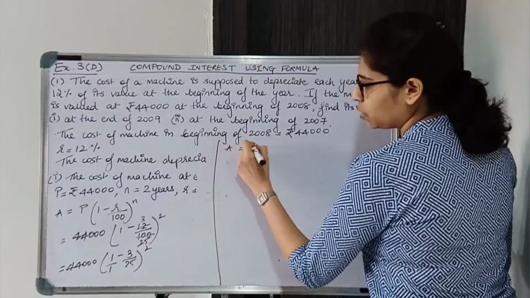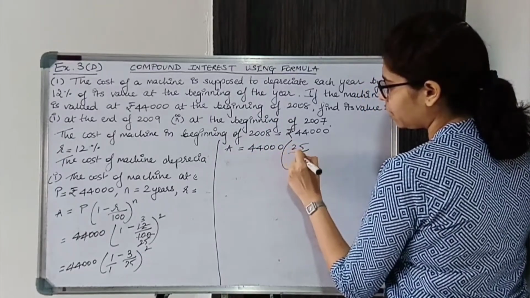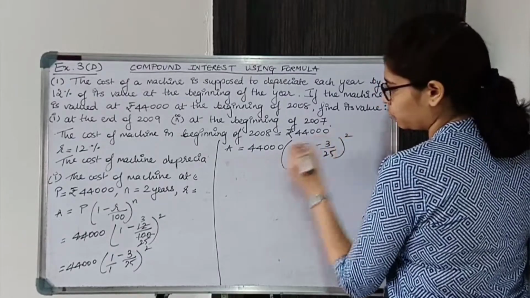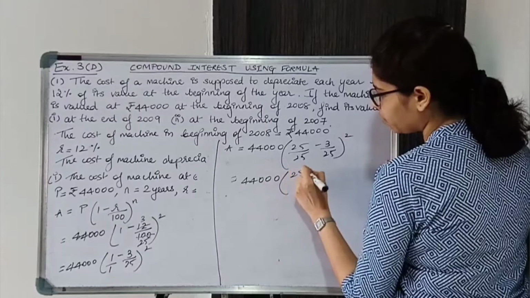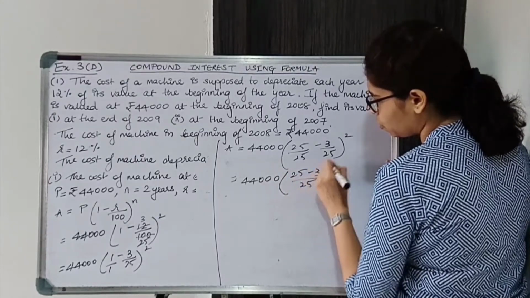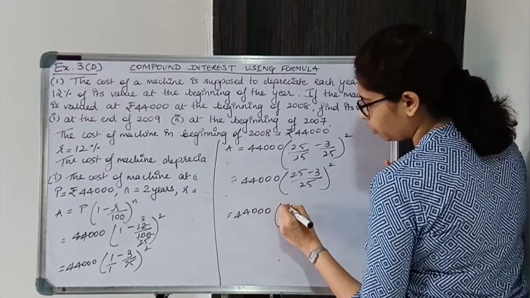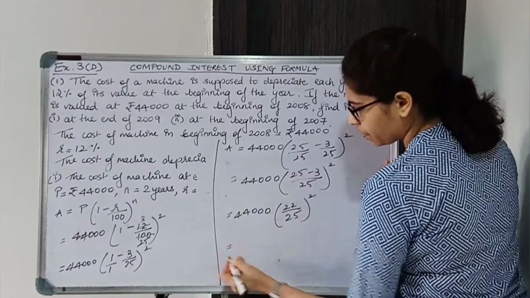So A equals 44,000 into (25 upon 25 minus 3 upon 25) raised to 2. So 44,000 into ((25 minus 3) upon 25) raised to 2. So 44,000 into (22 upon 25) raised to 2.